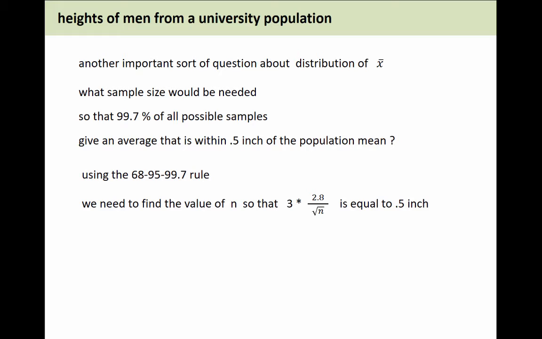Now if we do this a little bit informally using the 68, 95, 99.7 rule, we need to find what the sample size is so that 3 times 2.8 over the square root of n is equal to half an inch, because that would give us 99.7% of all the x bars within half an inch either side of the mean of 70.